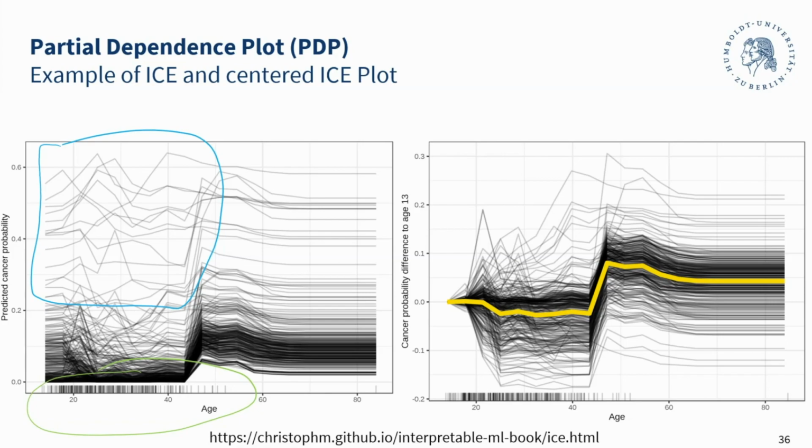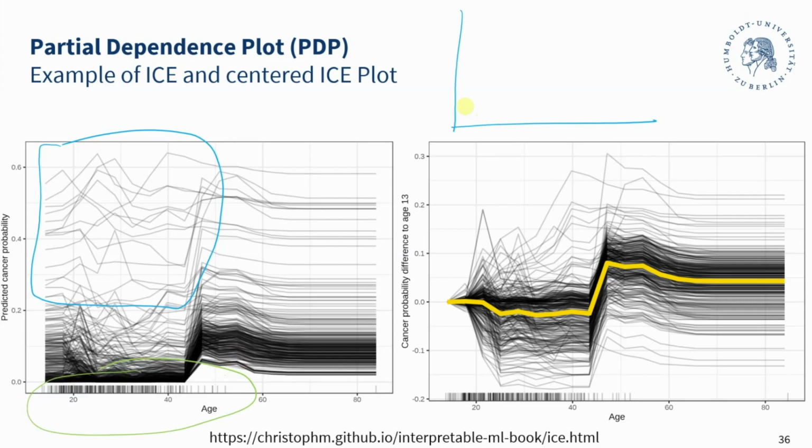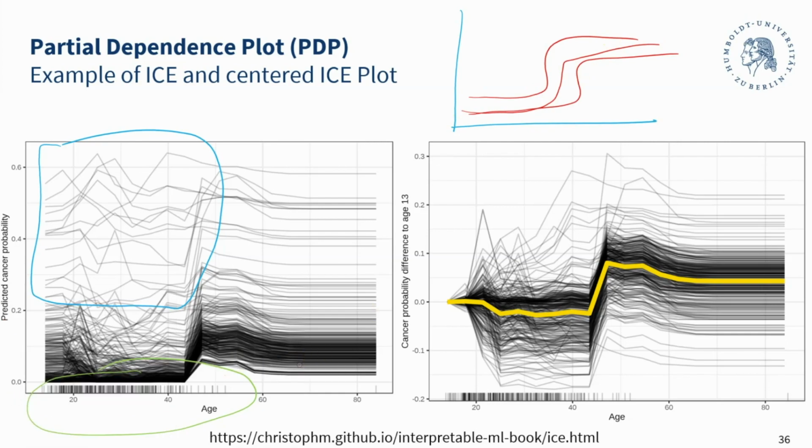Let's simplify that a little bit. If this is our space, and we have a couple of data points that exhibit this pattern, but we also have a couple of data points that show another pattern, then this might be the reason why there is lack of consistency in the dependency between the feature and the output.